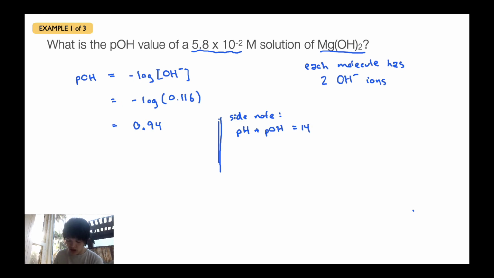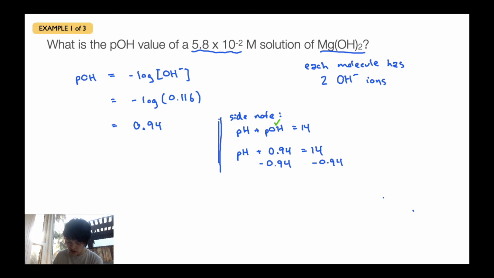Well, to get pH, if we know pOH, then we can get pH really easily, because they should add up to be 14, right? So what does pH have to be? You can probably figure this out, but I'm just going to do this mathematically. I know that pH, we don't know yet, but pOH we know is 0.94. So plug that in. Just solve for pH, just subtract 0.94 from both sides.